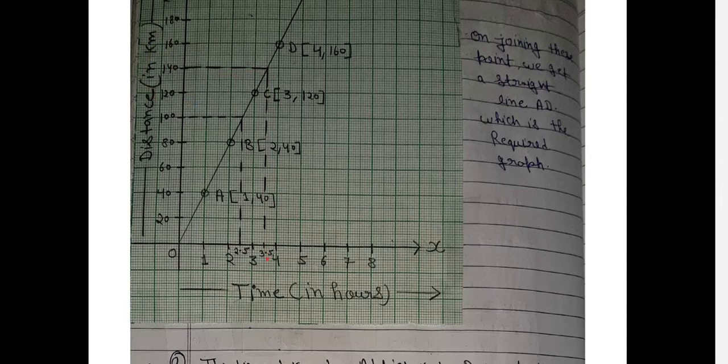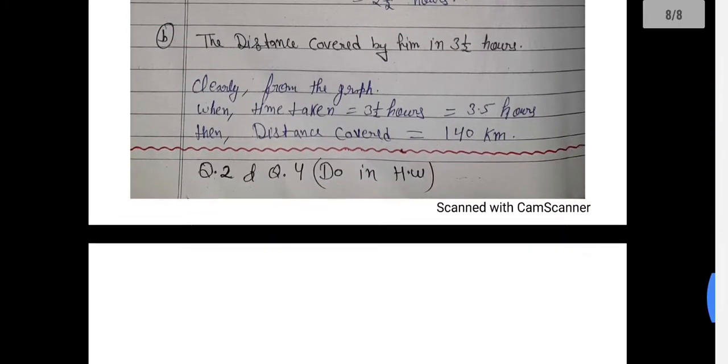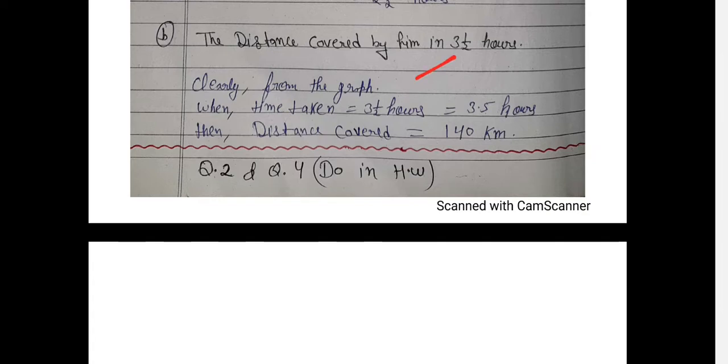From the graph, when you take 3.5 and make a line, it cuts the graph at 140. So from the graph, when the time is 3.5 hours, the distance traveled is 140 km. This is your required answer.